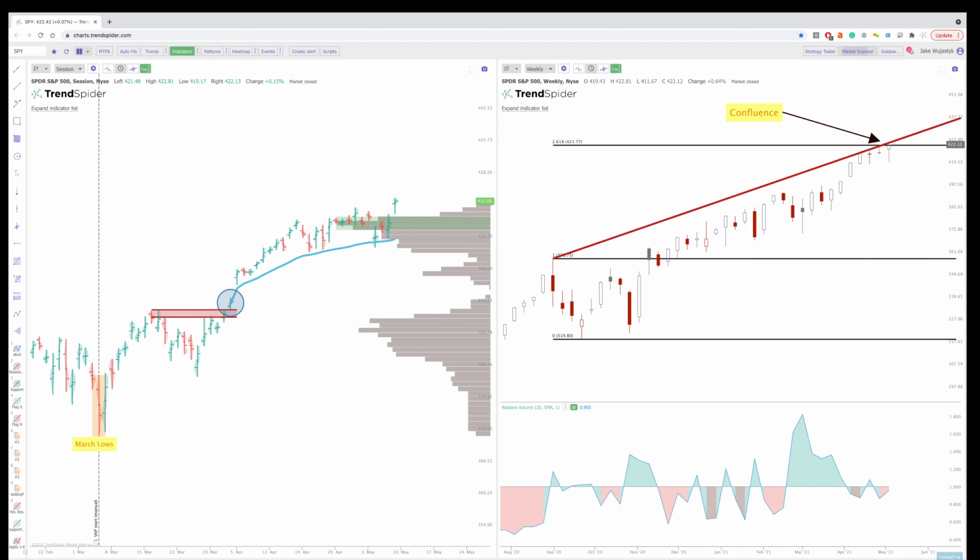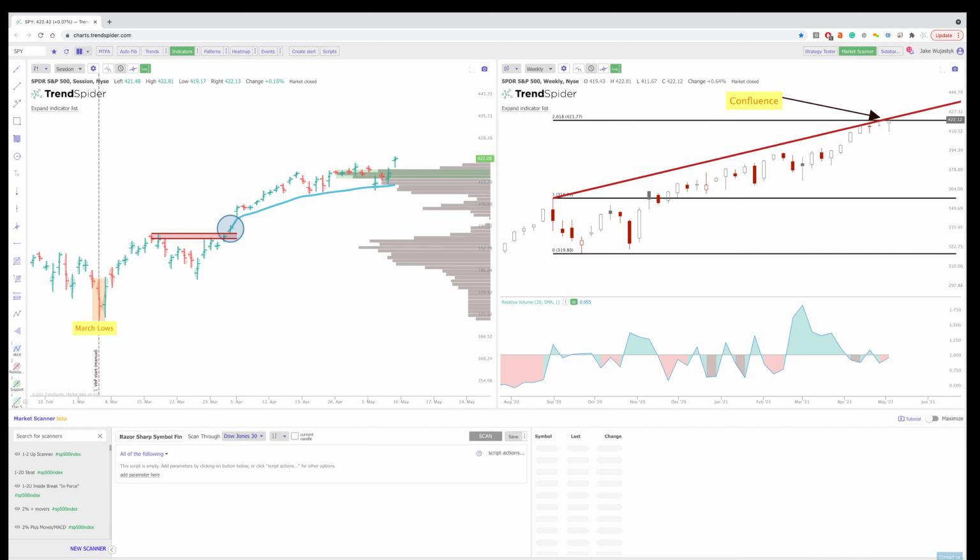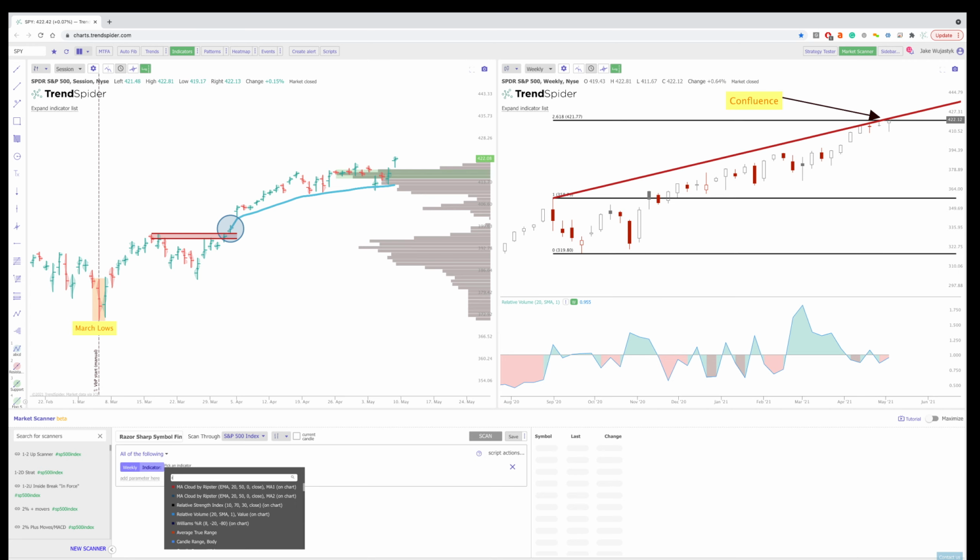Let's say that you wanted to go through this weekend and look for stocks in the S&P 500 that had 2x their average volume. You could just go to 500, that will take you to the S&P index, and then go to condition, weekly, and do indicator. Just type in relative volume here and say is greater than the constant value of 2.